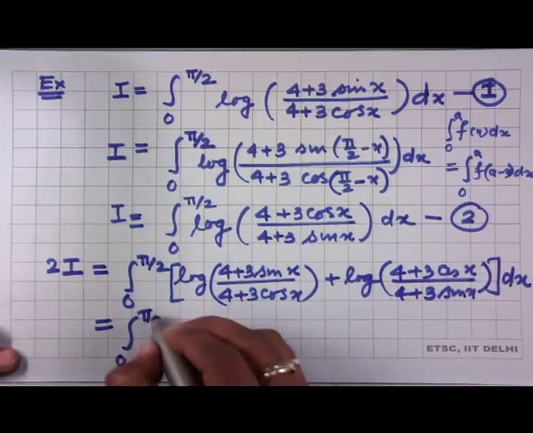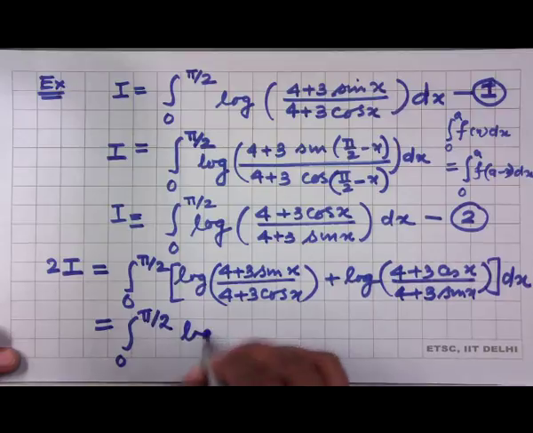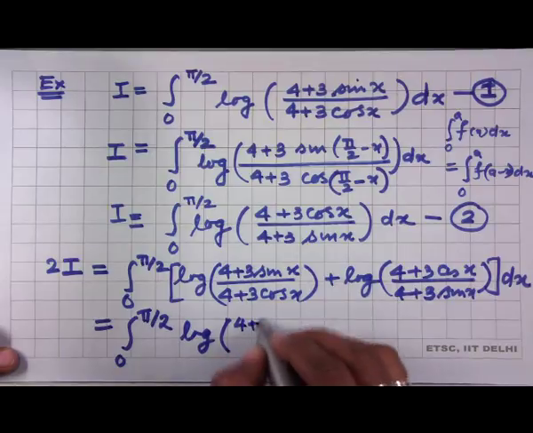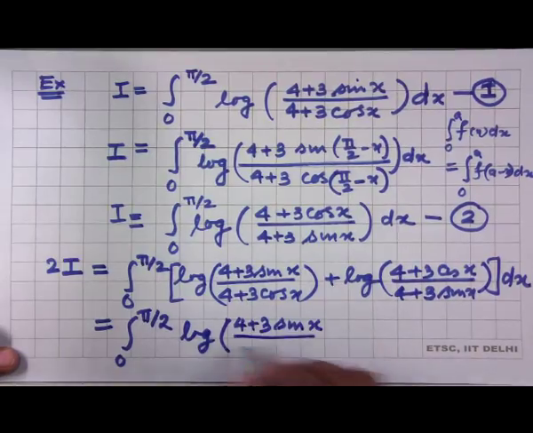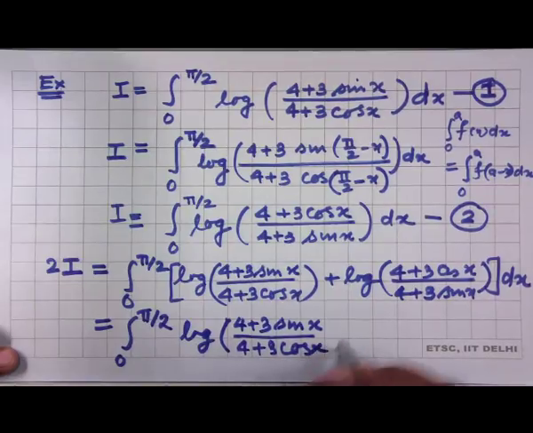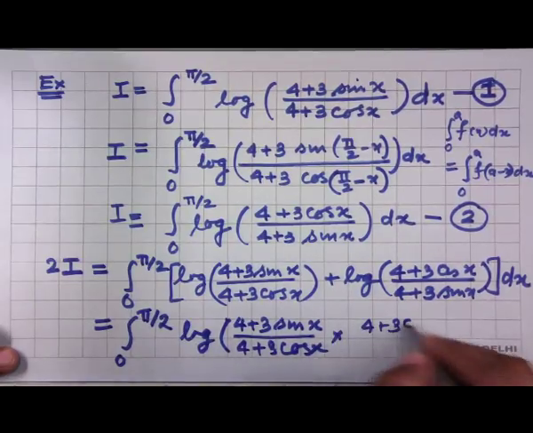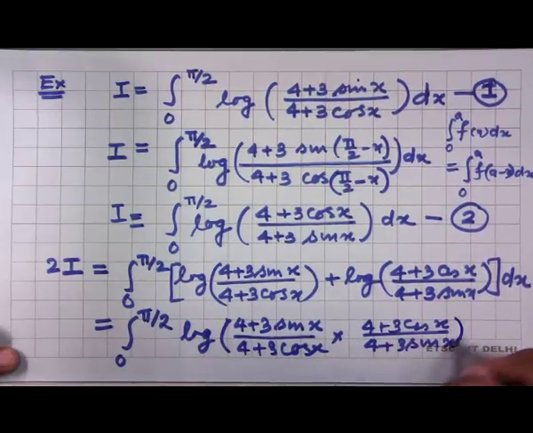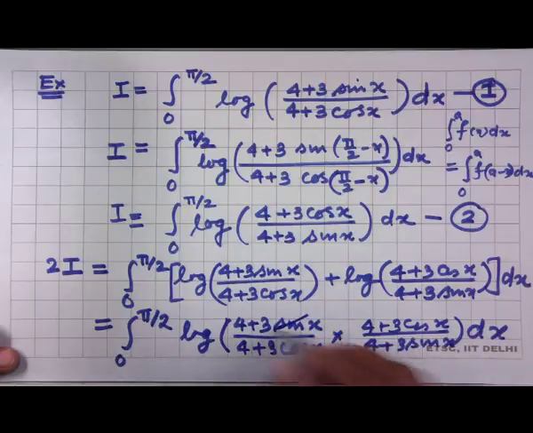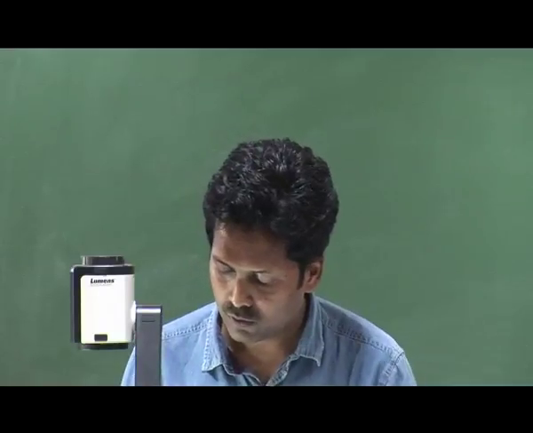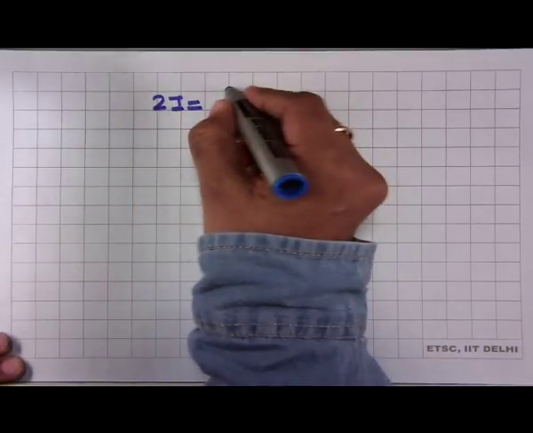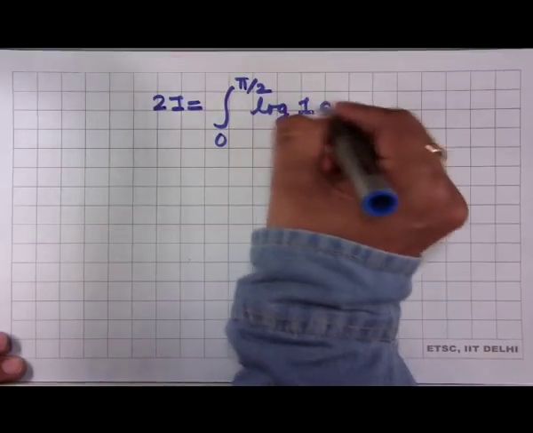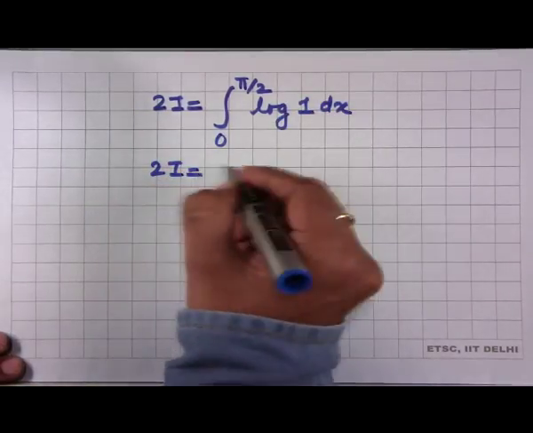So by using that you can immediately see that you get (4 plus 3 sin x upon 4 plus 3 cos x) into (4 plus 3 cos x by 4 plus 3 sin x), which gets cancelled. So you get 2I equals to integral 0 to pi by 2 log of 1 dx. So 2I is therefore 0, hence I is 0.